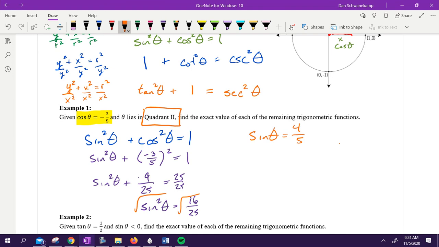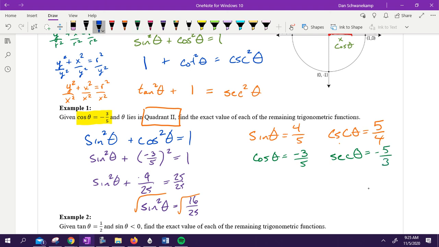And once I've got sine, cosecant would be easy. What would cosecant be if sine is 4/5? 5/4, you flip it. We already know what cosine is. They told it to me at the beginning. Cosine of theta is negative 3/5. So if I got that one, secant is easy. It's negative 5/3.